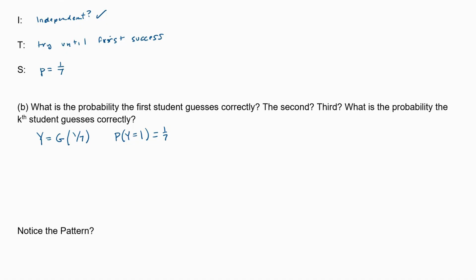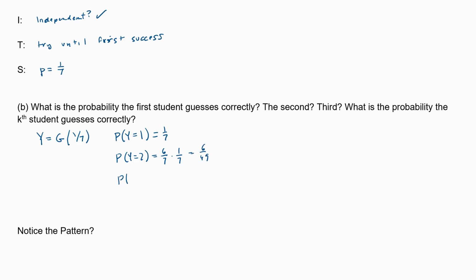What about the second try? The only way to be right on the second try is that you had to miss on the first try, which has a 6/7 chance, and then you were right on the second try. And that looks like 6 out of 49.